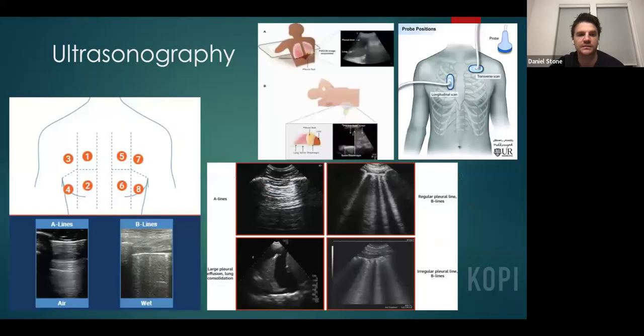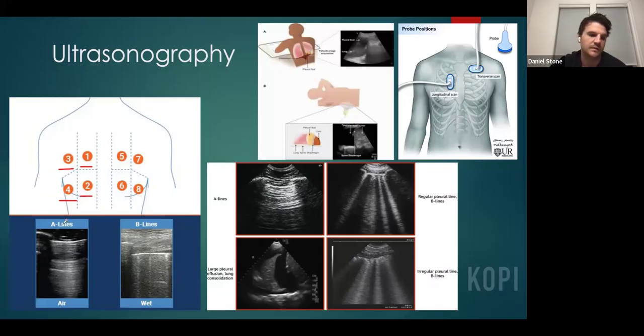It can potentially be a little bit more sensitive than chest X-ray. I'm not going to necessarily go into interpretation because there's a lot that goes into it. But very, very briefly, you know, the positioning of each probe. Here you can see the apical and base views laterally as well as the posterior windows.